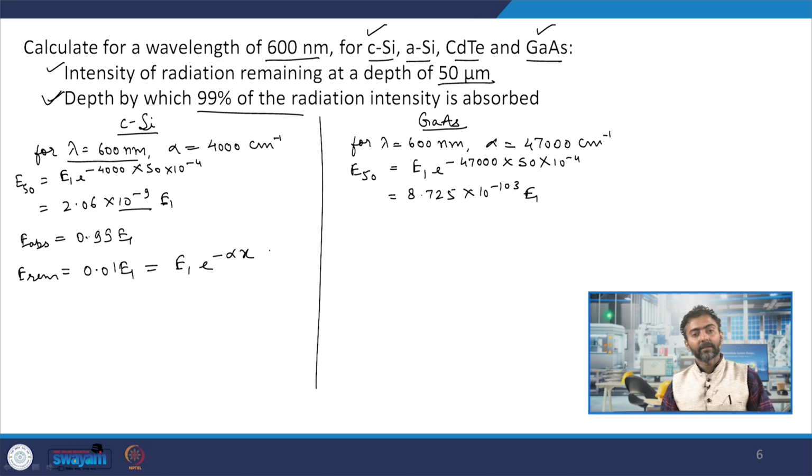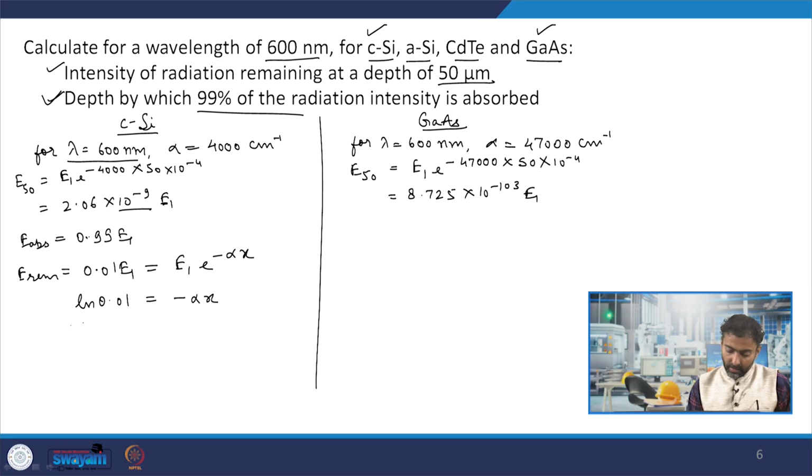We have to find the x at which the remaining intensity is 0.01 E1, or only 1% of the initial intensity. For this, we can cancel out E1 and take the natural log on both sides.